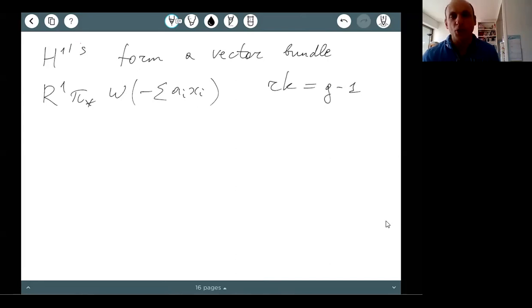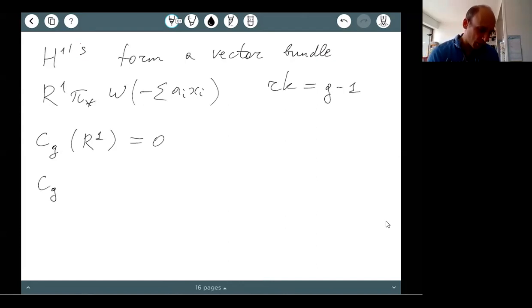If we compute the Chern classes of this vector bundle, first of all, we know that the Chern class number g, for instance, will be equal to 0 because it's a vector bundle of rank g minus 1. So the Chern classes beyond the rank vanish. But I claim that also c_{g-1} of R^1 is equal to 0, and this is because of the cosection.